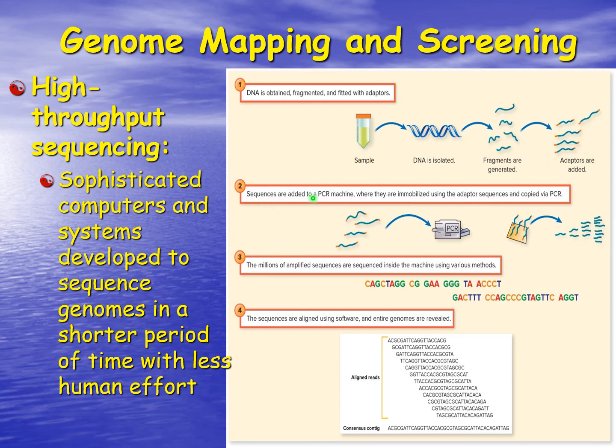The sequences then undergo PCR, where they are immobilized using the adapter sequence and copied via the PCR process. Millions of amplified sequences then are sequenced inside the machine using various methods looking for overlap and other sequences. And the sequences then are aligned using software, and the entire genomes then can be revealed.